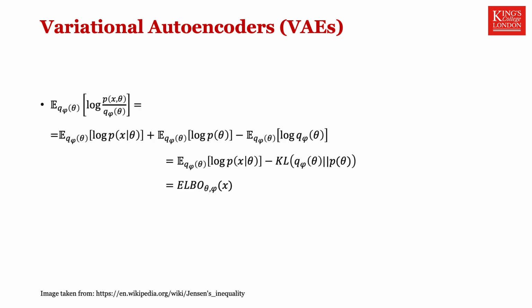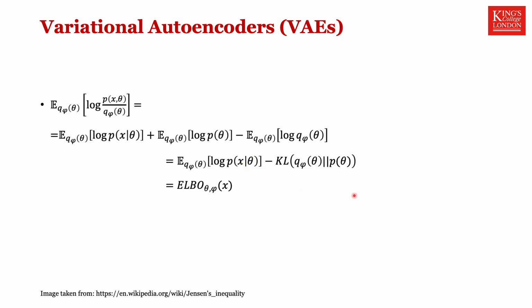The other thing that is different between autoencoders and variational autoencoders is the loss function itself. So the evidence lower bound, as it is called, is composed of two terms. The first term, this one here, is called the reconstruction term, where we're trying to maximize the log likelihood of the observation given the current estimate of the model parameters.